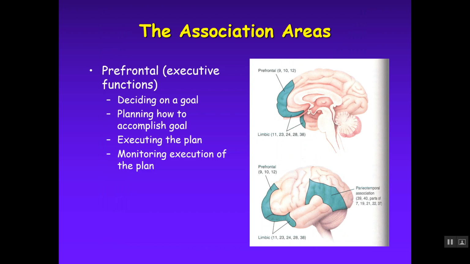Then we have what's called some general association areas. These are the ones that tend to be in the prefrontal cortex, and then this parietal temporal association. There's this kind of area that lives between these other secondary association areas that helps basically associate all this information from the different regions. This touches all the different lobes.